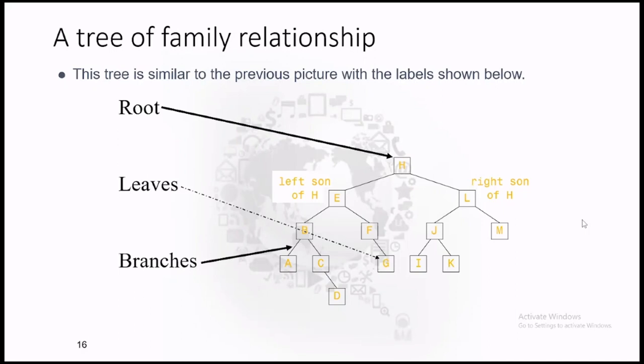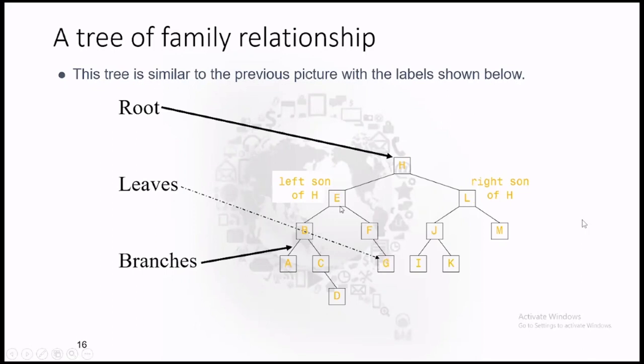In the tree, we have roots, we have leaves, and also we have branches. The one at the top here is considered the root. So from the root, we expand E and L. E will be the left side of the H, and L will be the right side of the H.